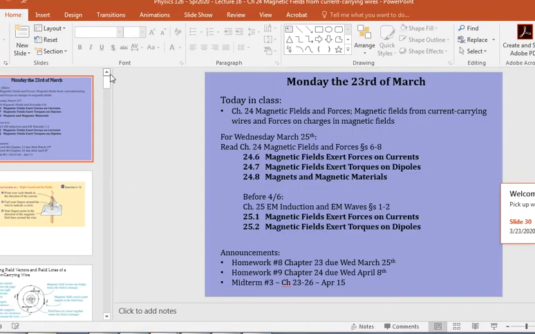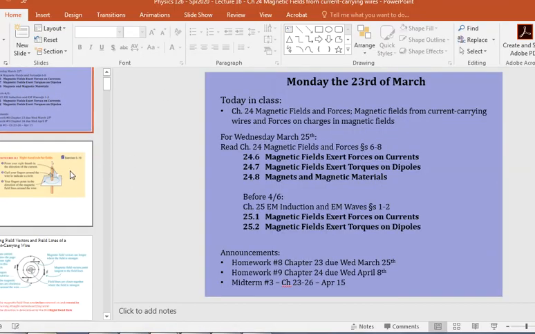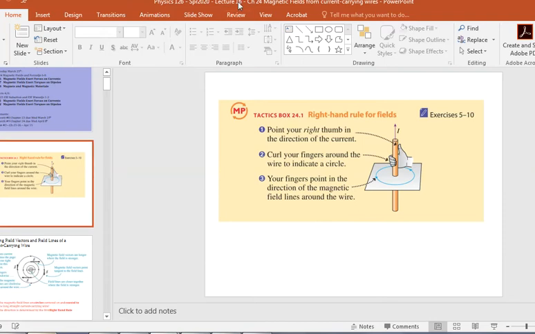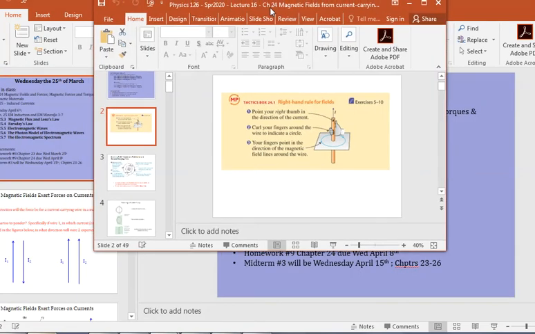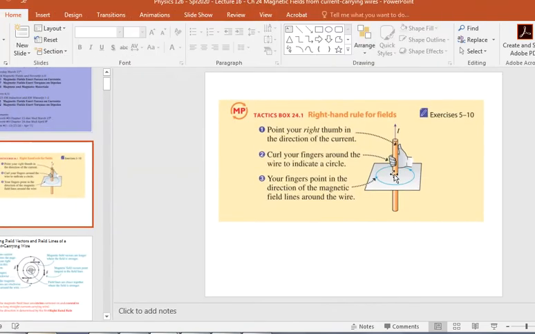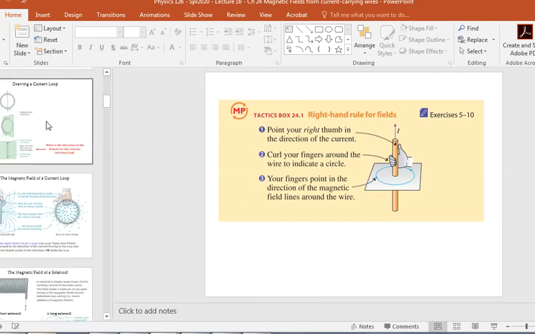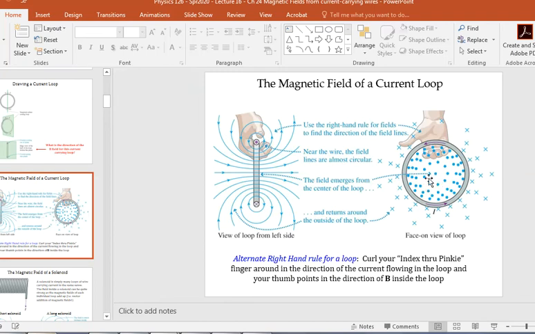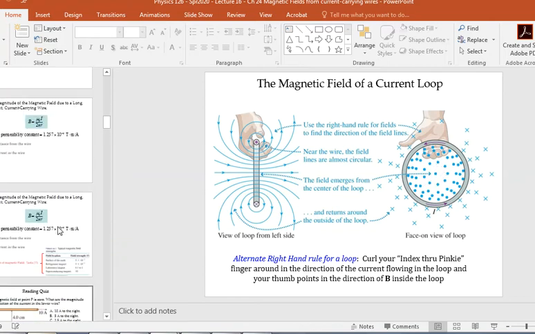One of the things we did a demonstration of is that if your thumb points in the direction of the current in a single wire, then your fingers go in the direction of the magnetic field. And if you had a loop of wire, with your thumb in the direction of the current, then your fingers come through the loop and show the direction of the magnetic field going through the loop.